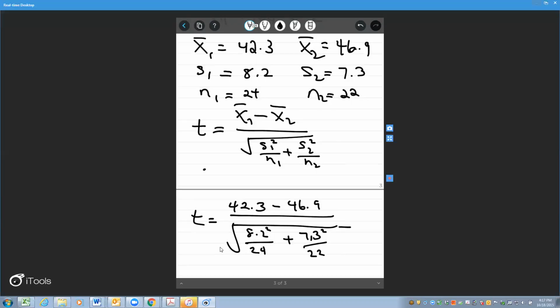And if we punch that in on our calculator, we get minus 2.01.